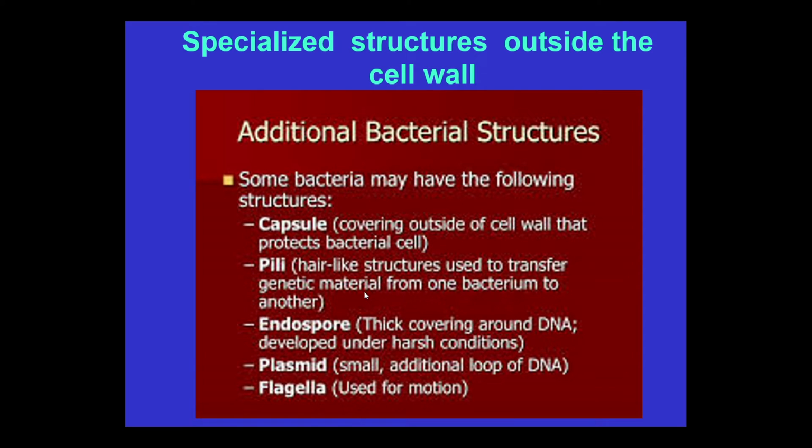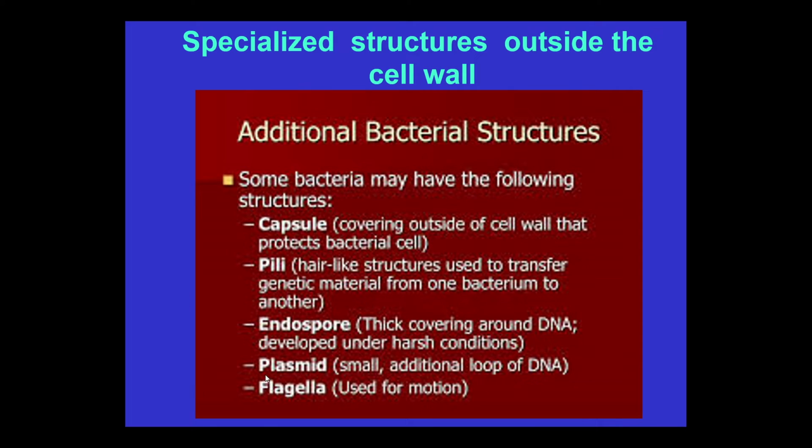The capsule, that is a covering outside of the cell wall. Villi, that are hair-like structures that mediate the adhesion to the host body, host cells, but also important in the sharing of genetic information between bacteria. Then endospores that are covered with several layers that protect DNA, and this is a very resistant form of life.